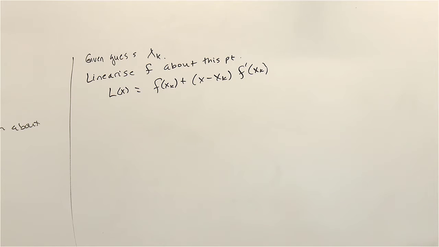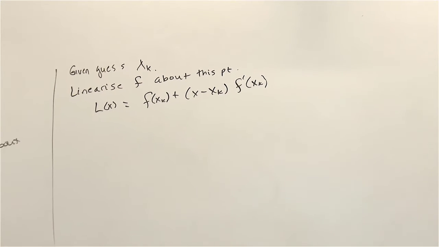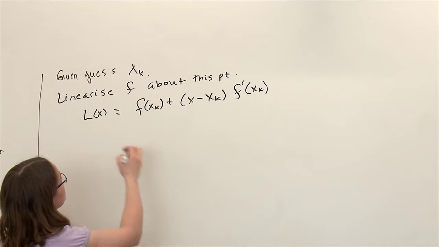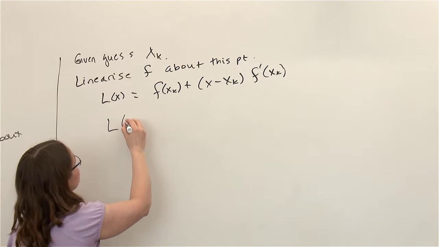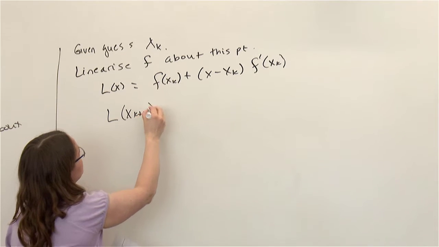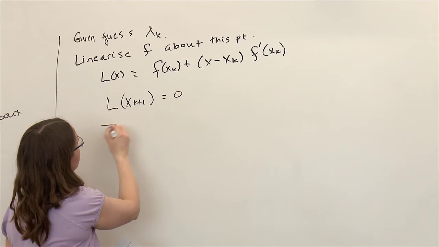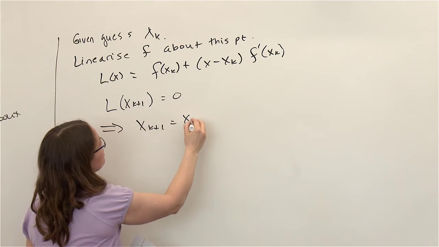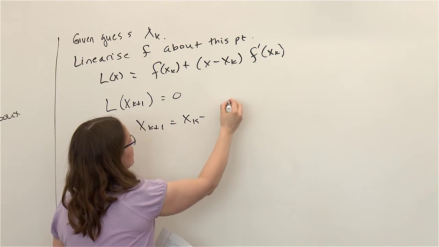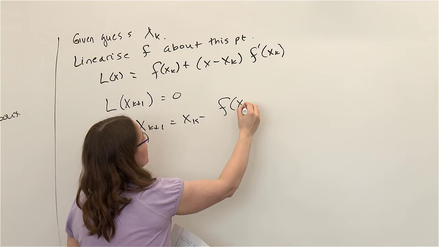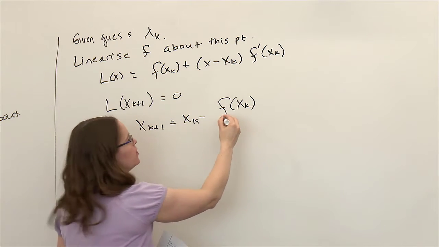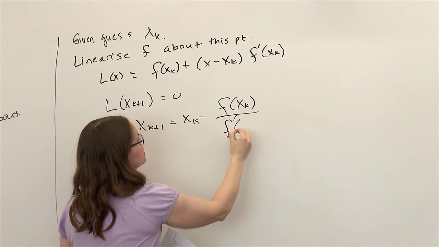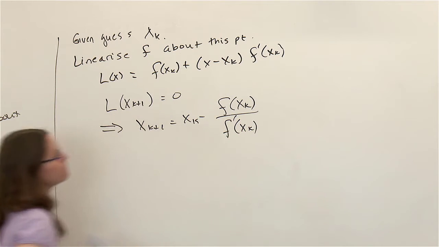And we're going to set this straight line equal to 0 and solve for x to get our new guess at the root. Okay, so if I say we're going to assume that L of xk plus 1 is equal to 0, I can solve for xk plus 1. Right, and it's my old guess minus the ratio of the value of f to the derivative.